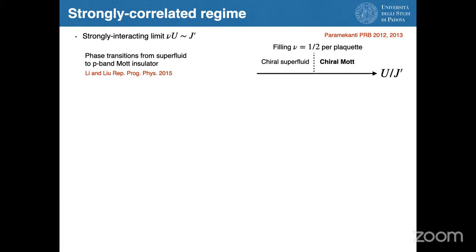And how does the p-band Mott insulator look? Well, it looks like something that was also discovered a few years ago by Pinheiro and Cuadra, the so-called chiral Mott insulator, a phase which has a gap but also has angular momentum in its ground state.